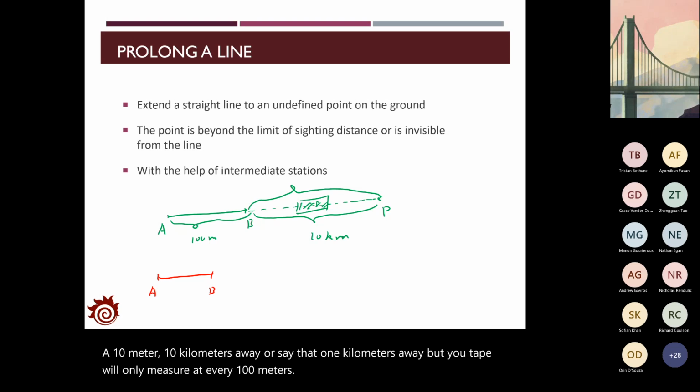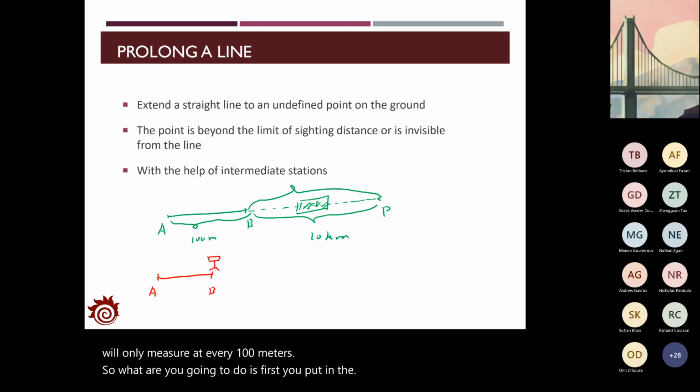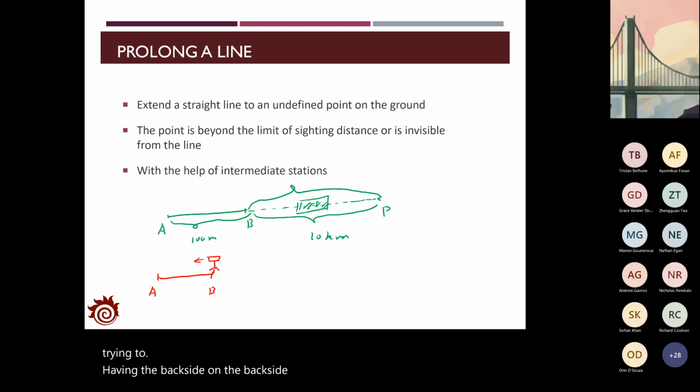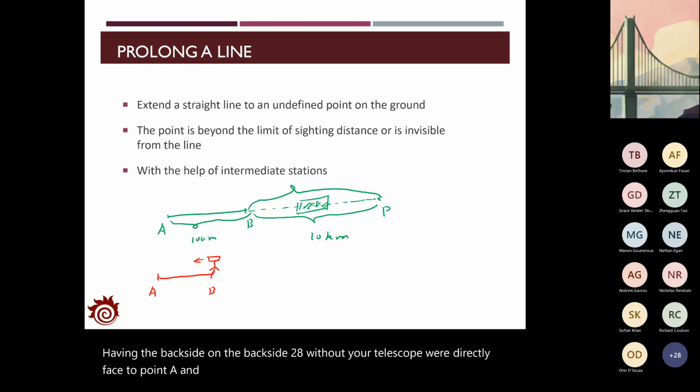What you're going to do is first put the level transit, or total station, here. You will try to have the backsight to point A. With that, your telescope will directly face point A, and then you have to lock your instrument and reverse the telescope. So the telescope is going to be reversed.